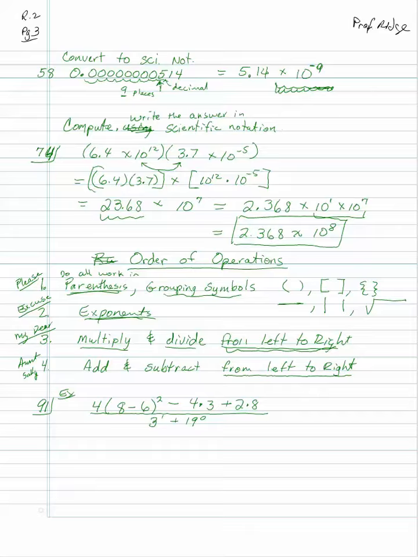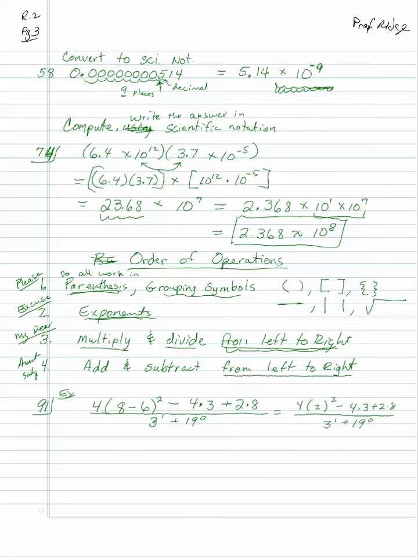Okay, so grouping symbols. So we got two grouping symbols here. We got the fraction bar. This is number 91 from the book. And then I have the 8 minus 6. So I'm going to do the 8 minus 6 first, which is 2. And on the bottom, okay, so I'm going to do the top and the bottom separately.